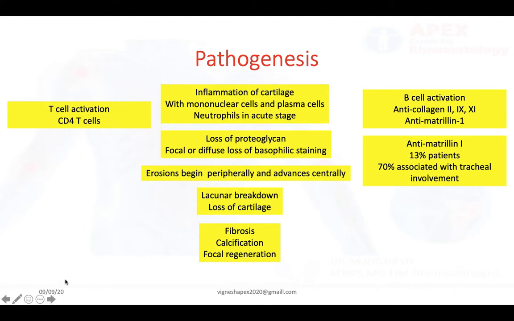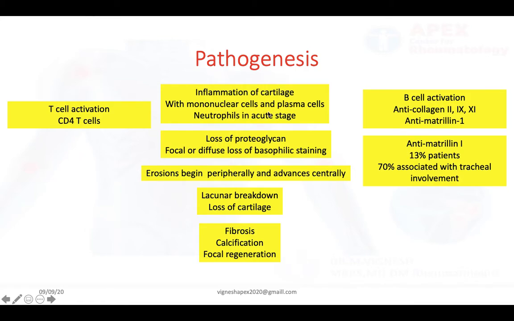The main hypothesis that is postulated is inflammation of cartilage. In acute stages, you see a lot of neutrophils, and in patients with recurrent polychondritis, when you biopsy the cartilage, you would find mononuclear cells and plasma cells. Mononuclear cells include T cells, B cells, and monocytes in the form of macrophages. So these are the pathological findings that you see in a cartilage sample.